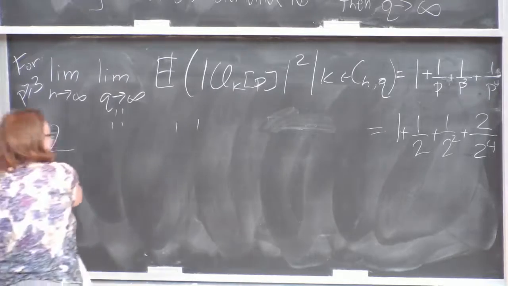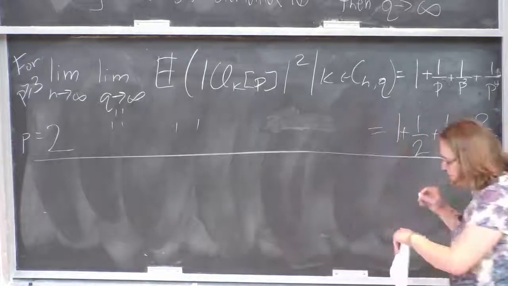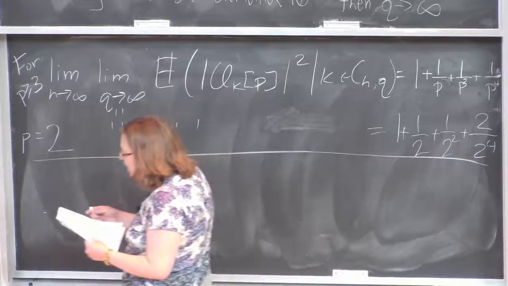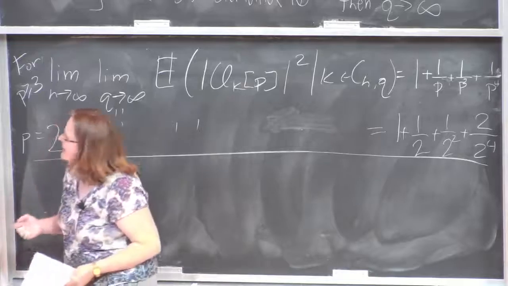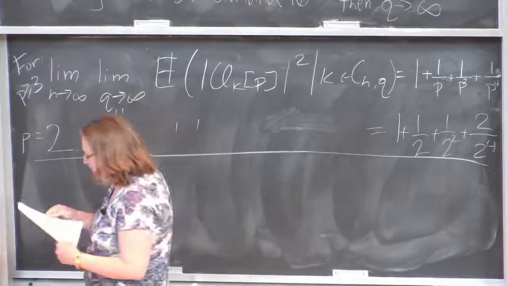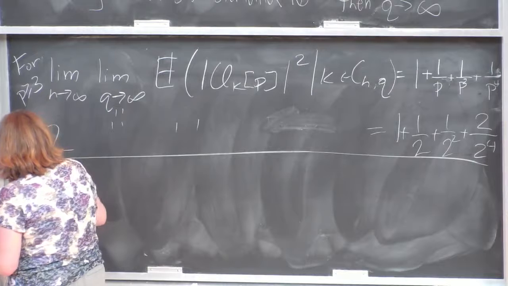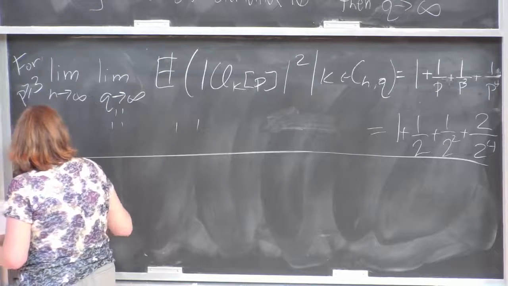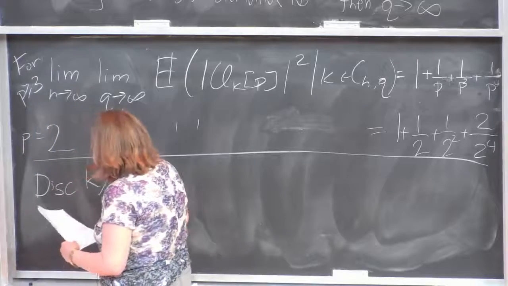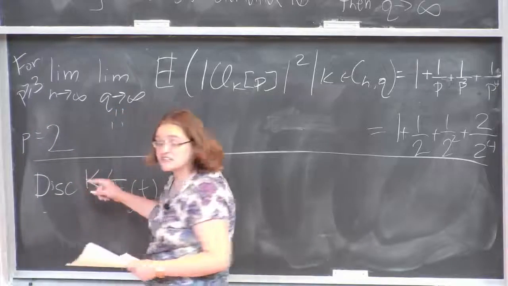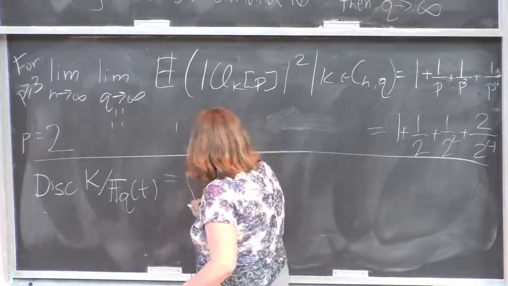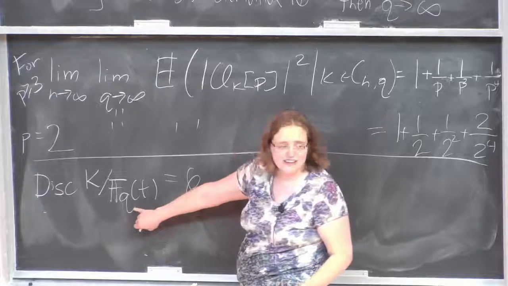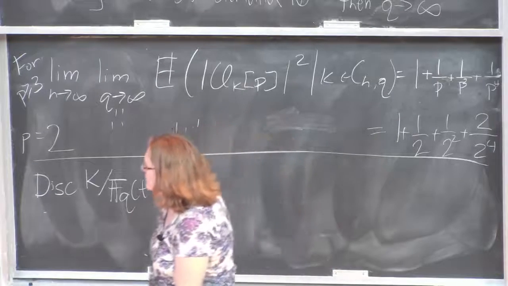And then I recognize that there's something a little subtle going on here, and it's one of the costs of letting q go to infinity. So let me just say here, okay, if I have a discriminant of a cubic extension, what does it look like?